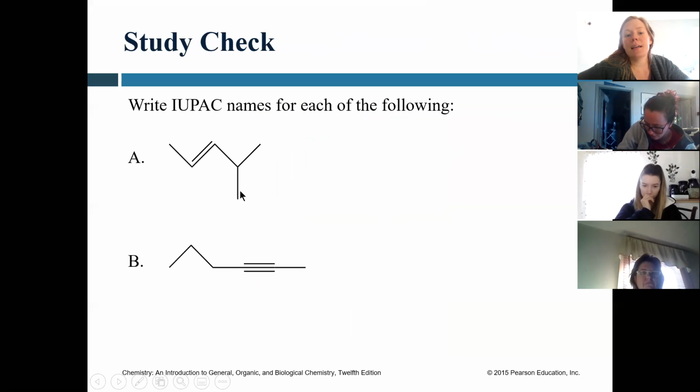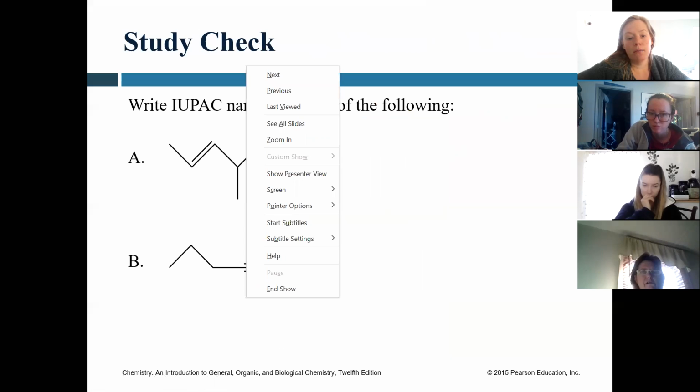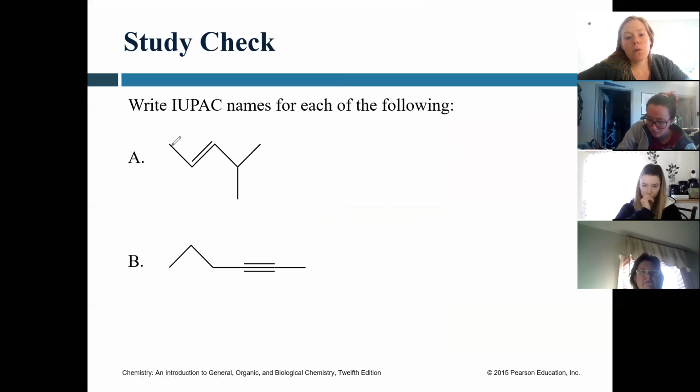So if we're looking at this guy here, we want to figure out our longest chain. So 1, 2, 3, 4, 5. 1, 2, 3, 4, 5. Doesn't matter. So I'm going to go this way. 1, 2, 3, 4, 5. Now I want to number them so that my double bond starts towards the lowest number.